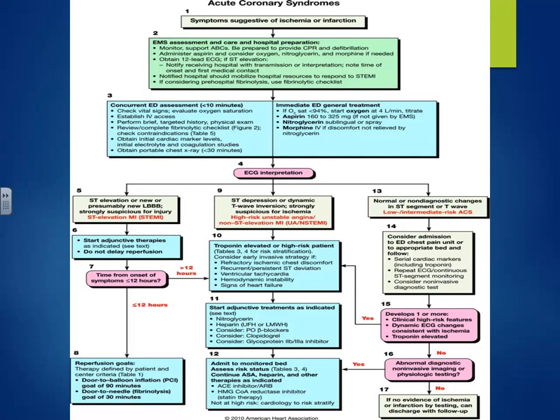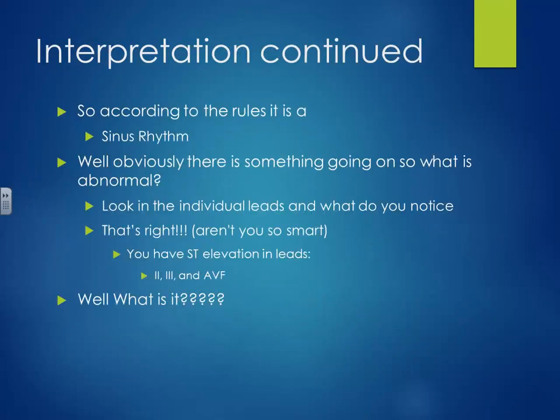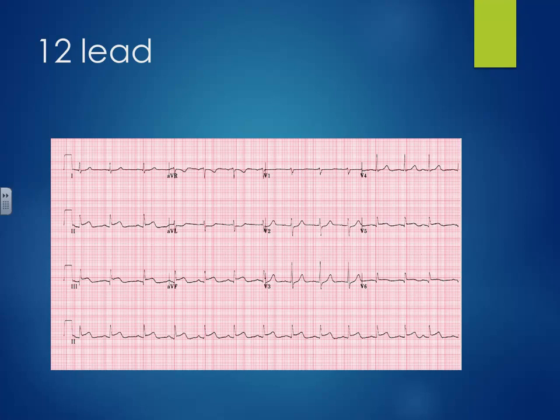Let's back up just a minute. What made this an inferior MI? All right, so it's in the inferior leads, which is going to be leads 2, 3, and AVF, right?